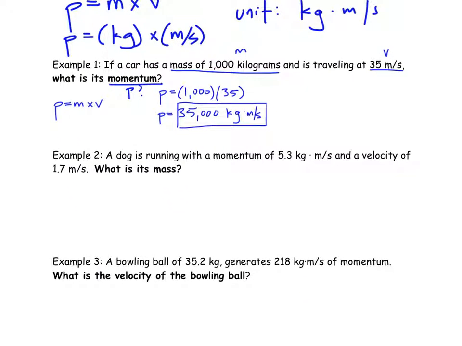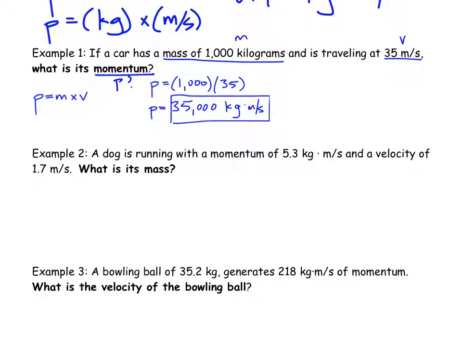All right, let's look at example 2. Example 2 says a dog is running with a momentum of 5.3 kilograms times meters per second and a velocity of 1.7 meters per second. What is its mass? So it tells me it has a momentum of 5.3.